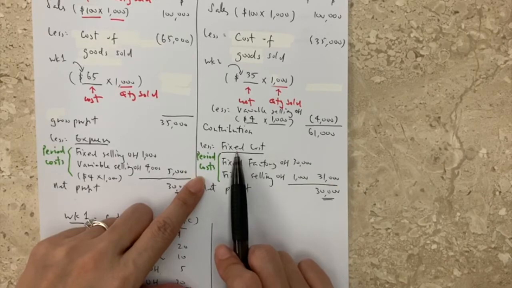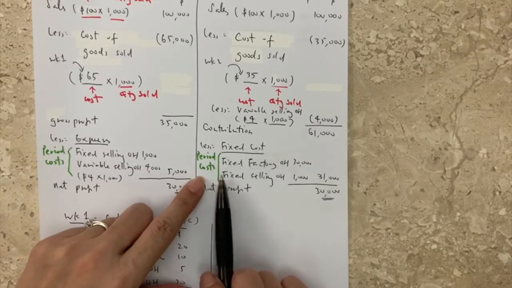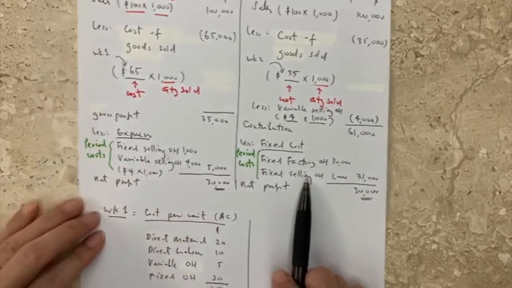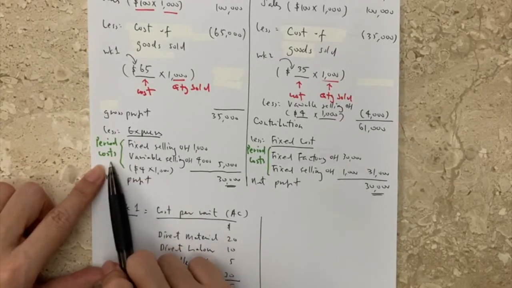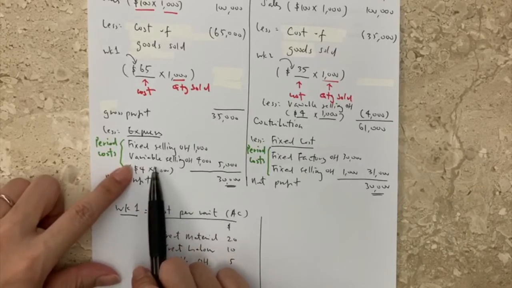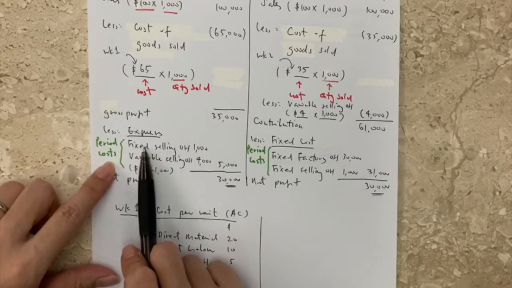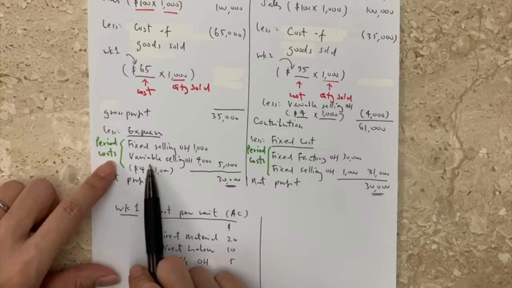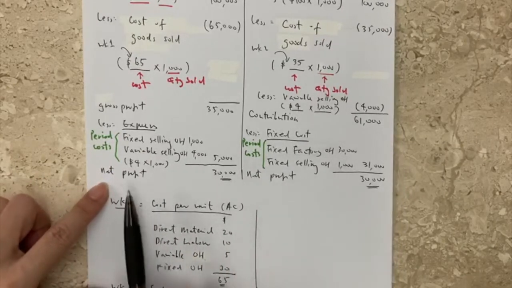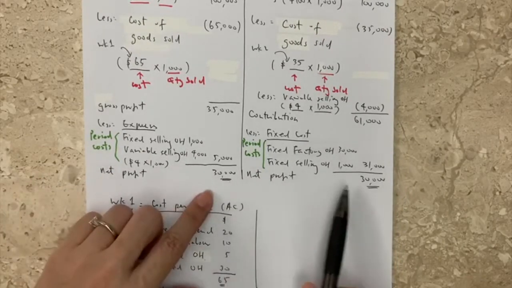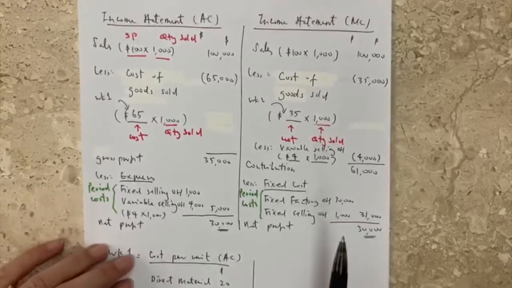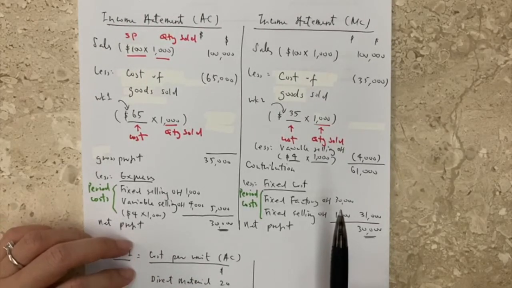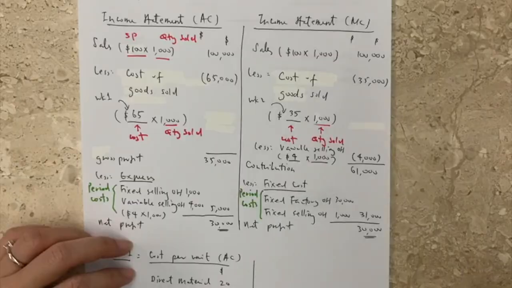Under marginal costing only fixed costs are treated as period costs, while under absorption costing the normal situation applies for reporting purposes, exactly the same as in financial accounting. Finally we get a net profit of 30,000 under both absorption costing and marginal costing, because in January we do not have any opening inventory or closing inventory.